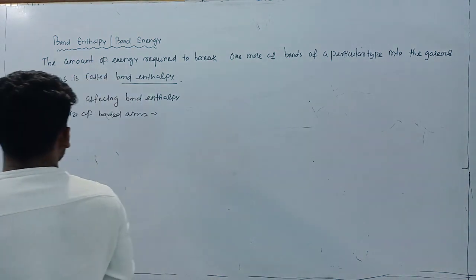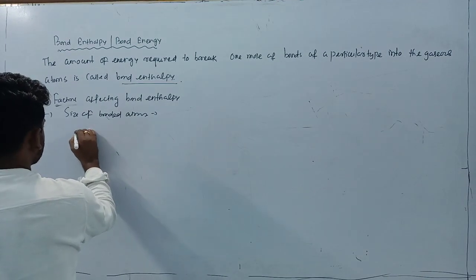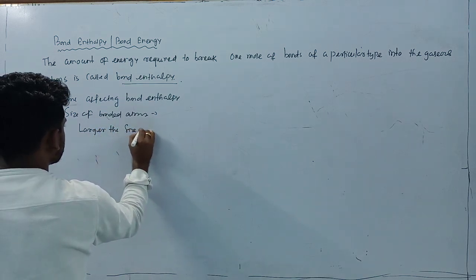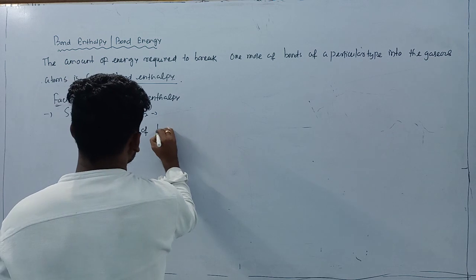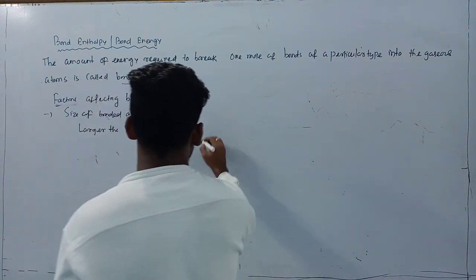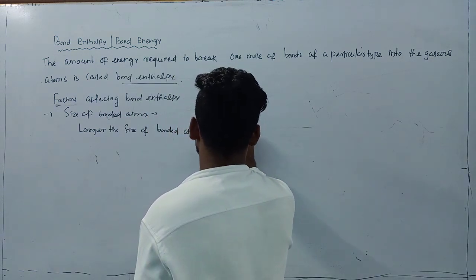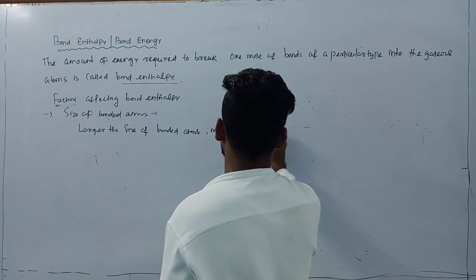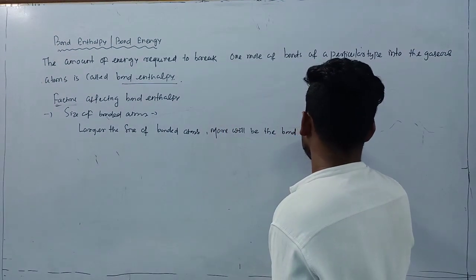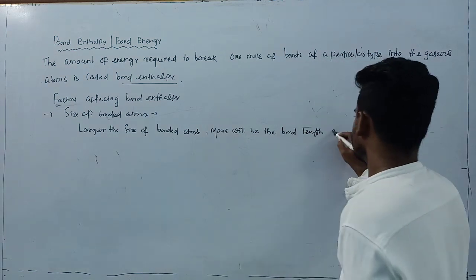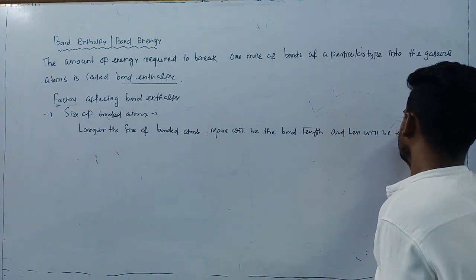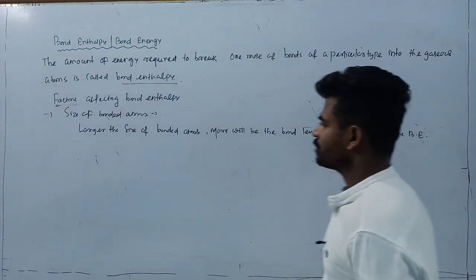So larger the size of bonded atoms, more will be the bond length, and less will be the bond energy, or you can say bond dissociation enthalpy.